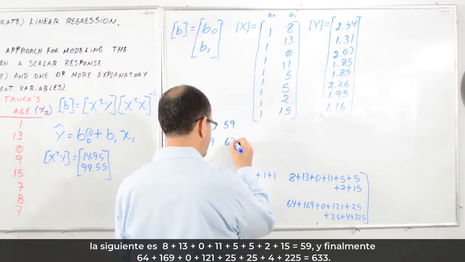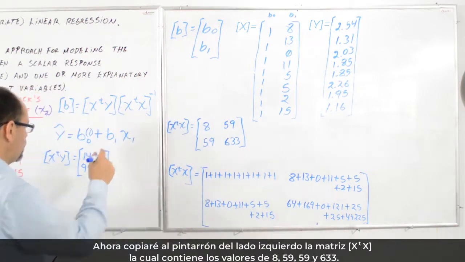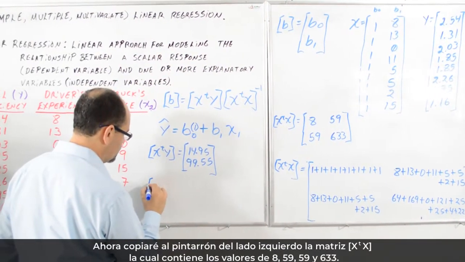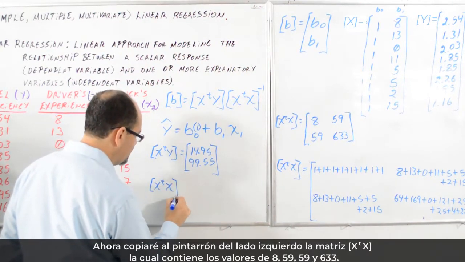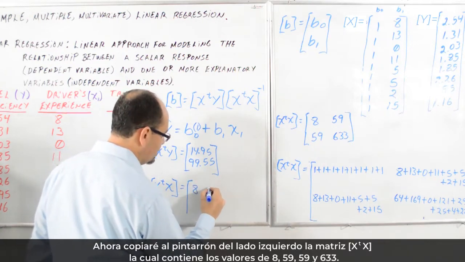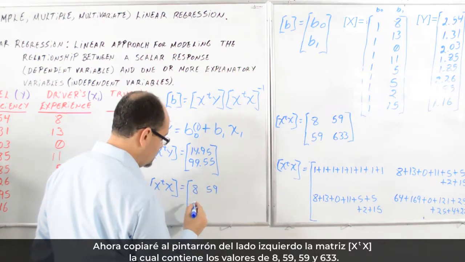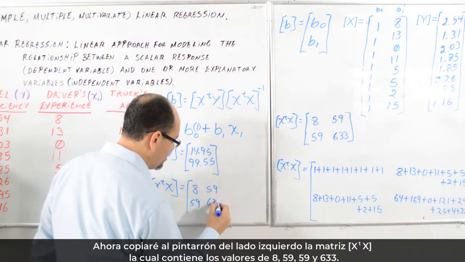633. I will copy that calculation. X transpose X, that matrix is equal to 8, 59, 59, and 633.